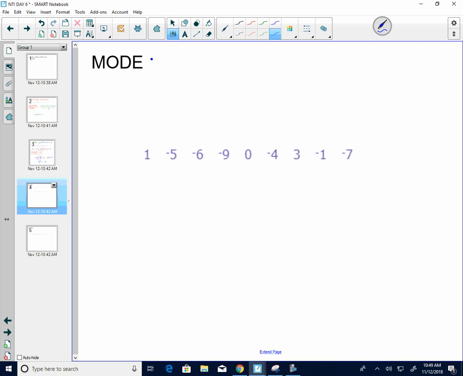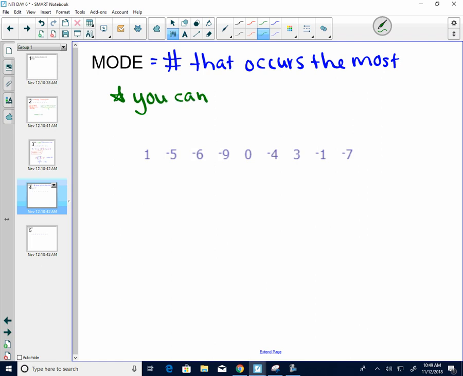The mode is the number that occurs the most. And an important note on this one is you can have more than one mode. So you could have a couple of different ones.